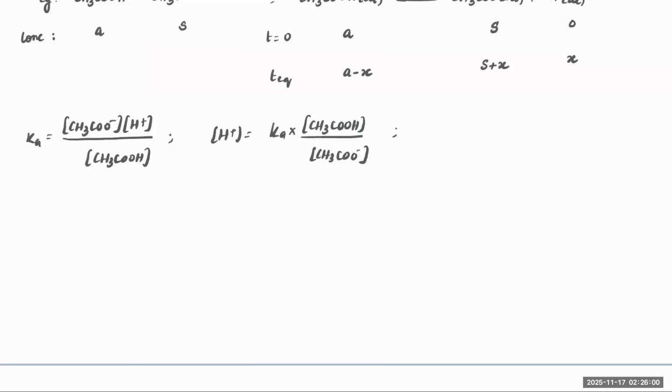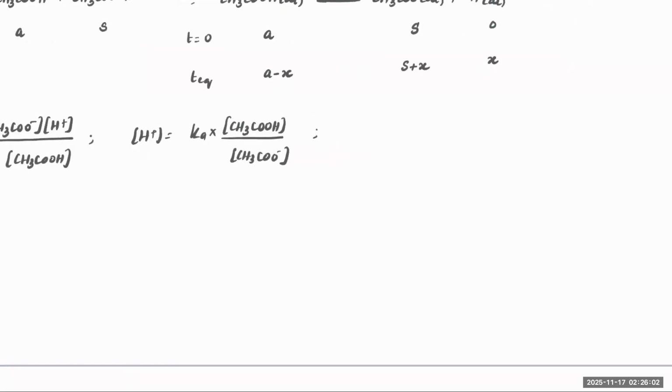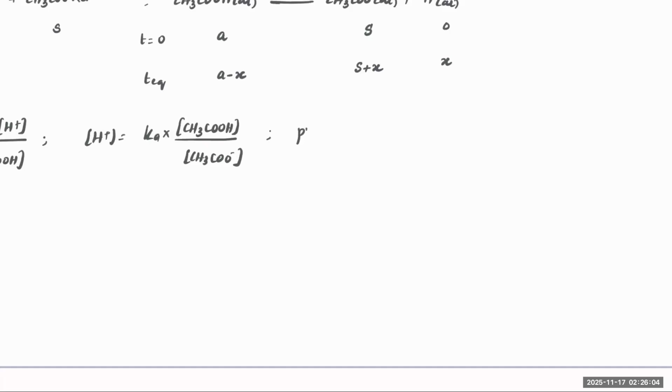Correct? Now notice, what if I take minus log on both sides? We will get pH equal to pKa minus log of CH3COOH concentration divided by CH3COO minus concentration.